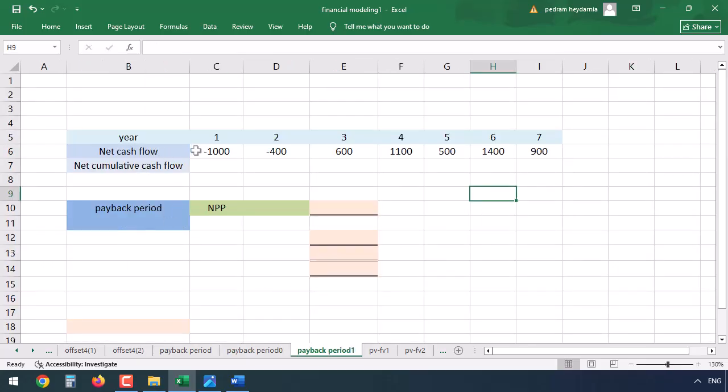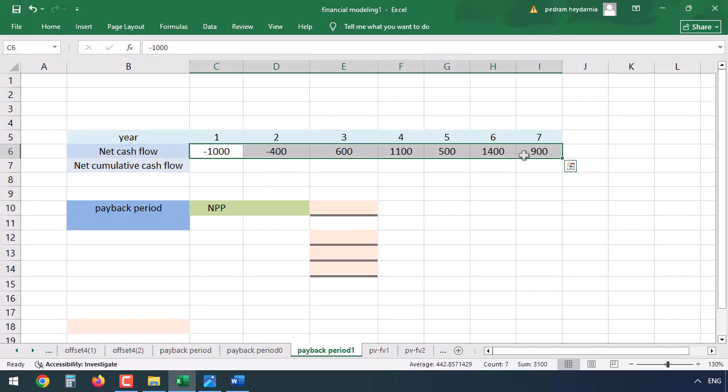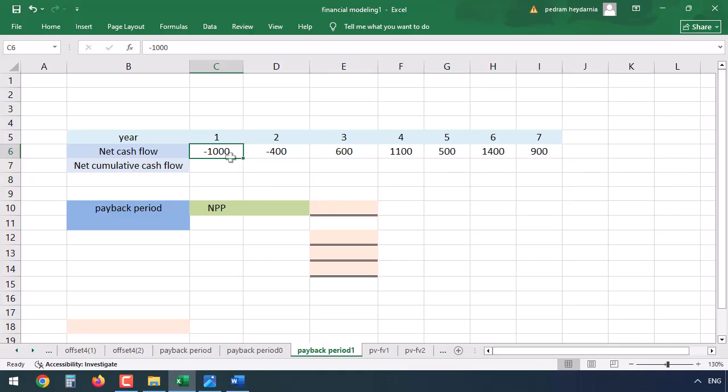This is an investment project, and this is the net cash flow that I have deposited into or withdrawn from the project. For example, in the first year, you deposited 1,000 units of money. In the second year, you deposited 400. In the third year, you withdrew 600. In the fourth year, you withdrew 1,100, and so on. If we calculate the net cumulative cash flow, here it's negative 1,000.